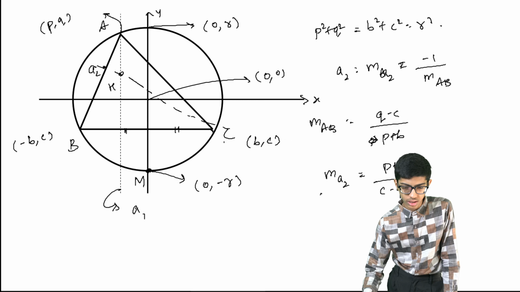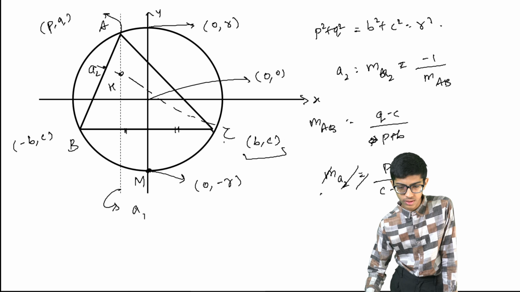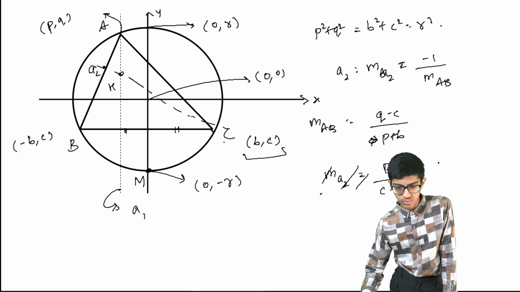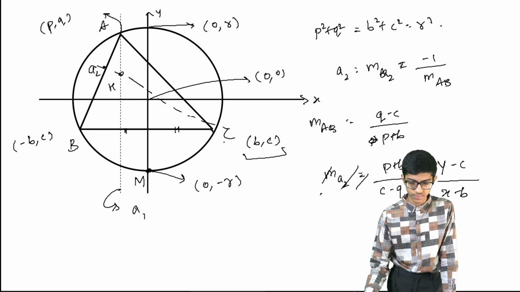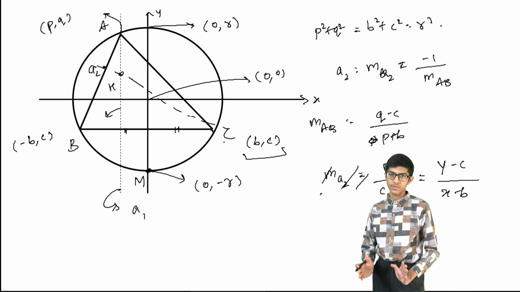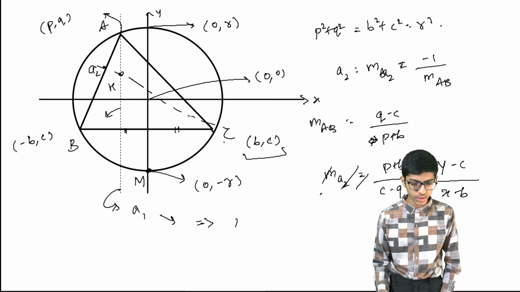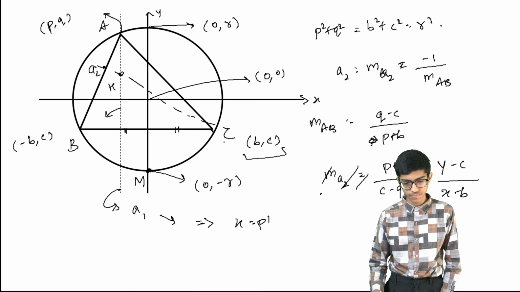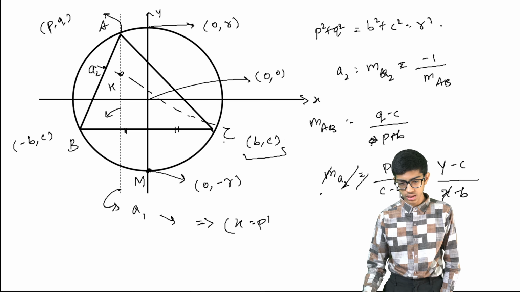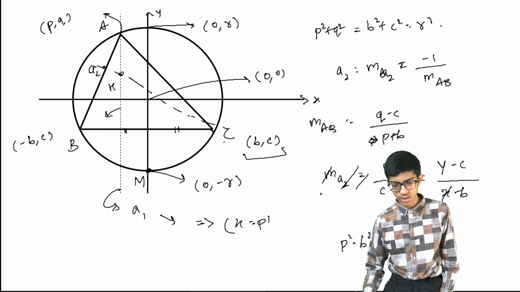As the altitude A2 passes through B and C, we have the slope equals (y minus c) by (x minus b). Now since the point H lies on both the altitudes, and for the altitude A1 the equation is already x equals p, substituting x equals p here we get p squared minus b squared equals (c minus q) times (y minus c).